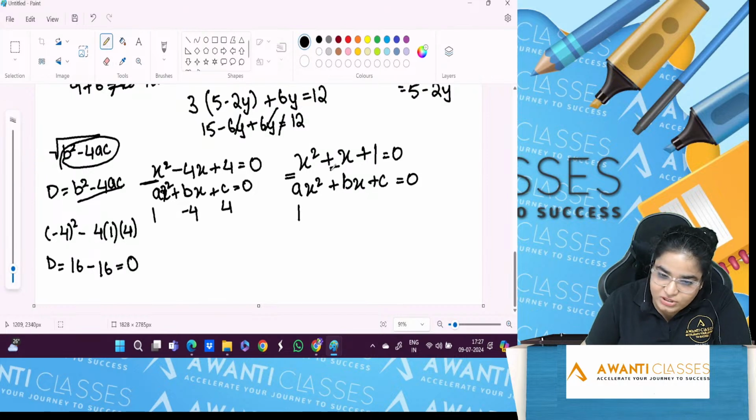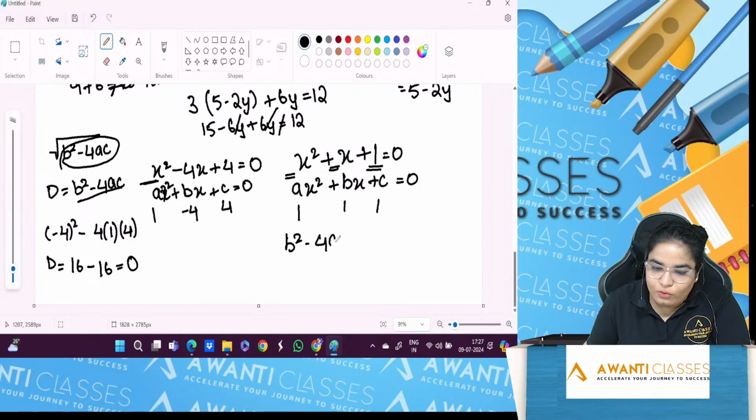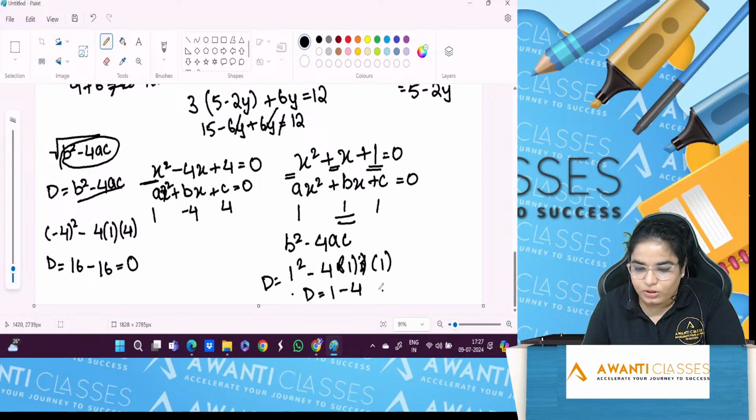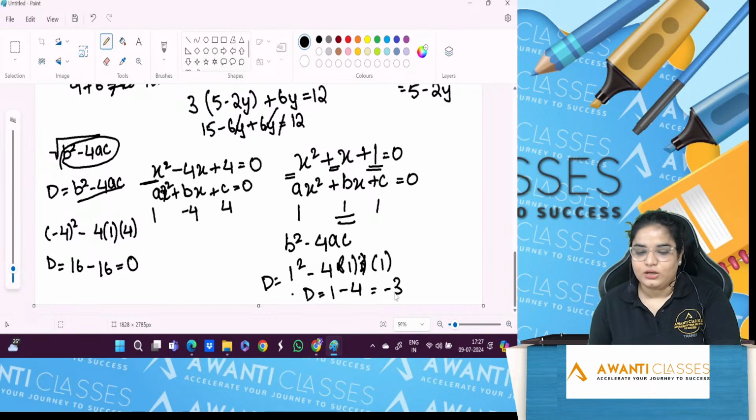Is there a coefficient to x? No. So b is also 1. C is 1. So b square minus 4ac. If b is 1, 1 square minus 4 into 1 and c is also 1. So D is equal to what? D is equal to 1 minus 4, which is -3.